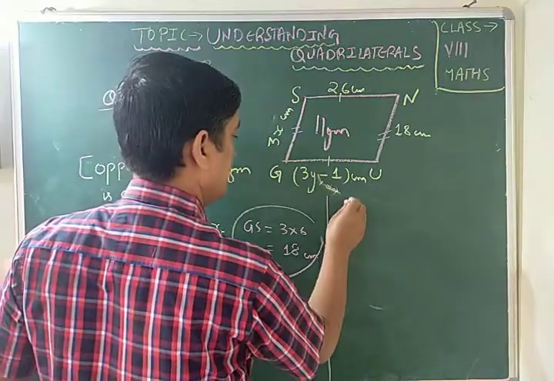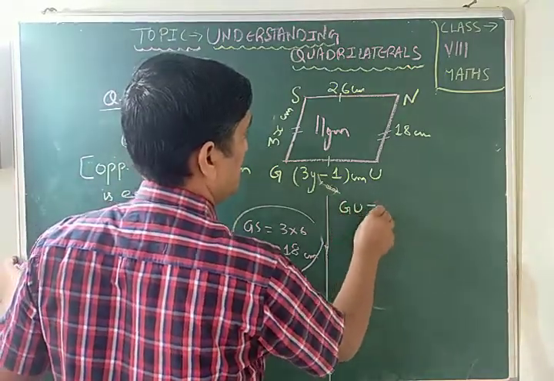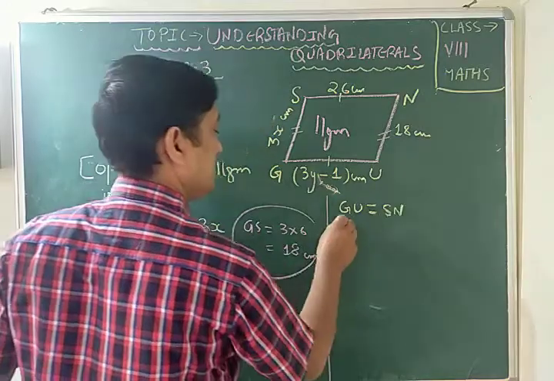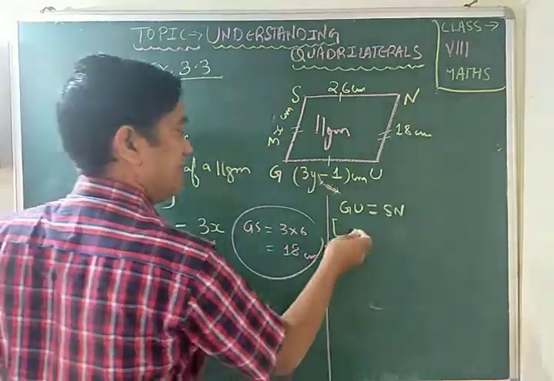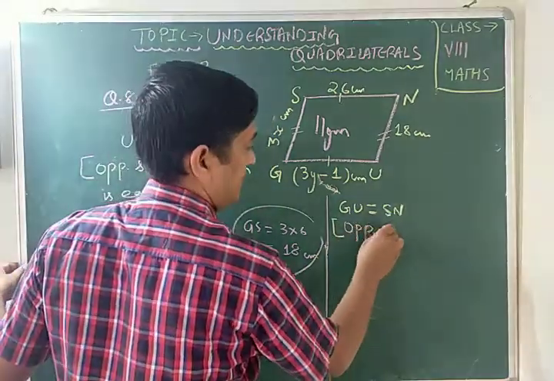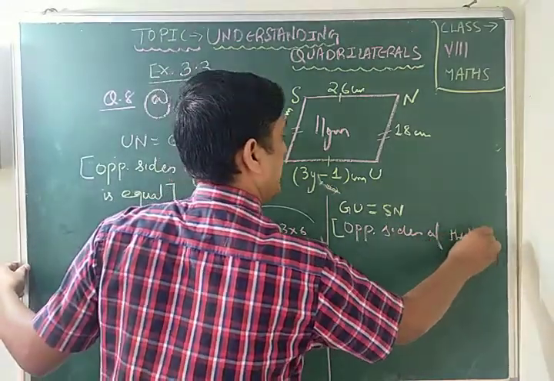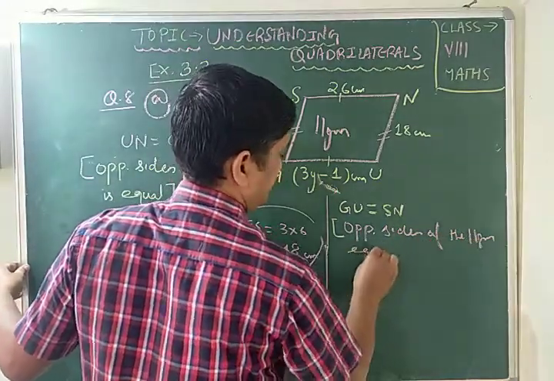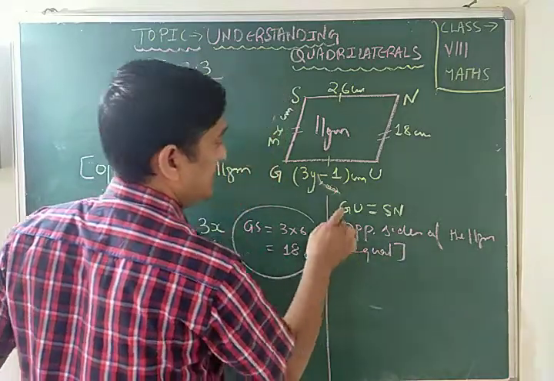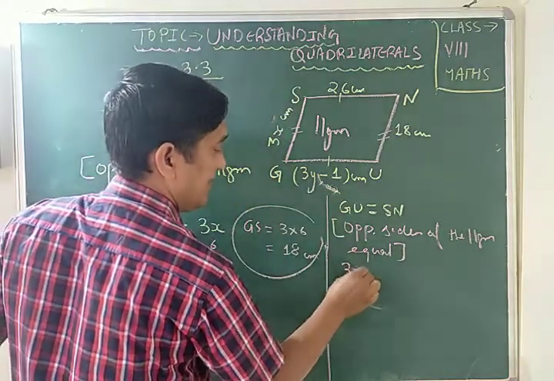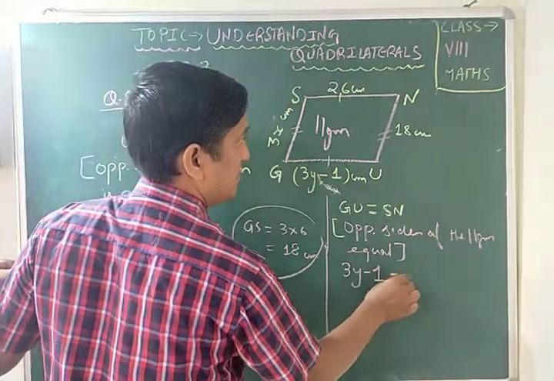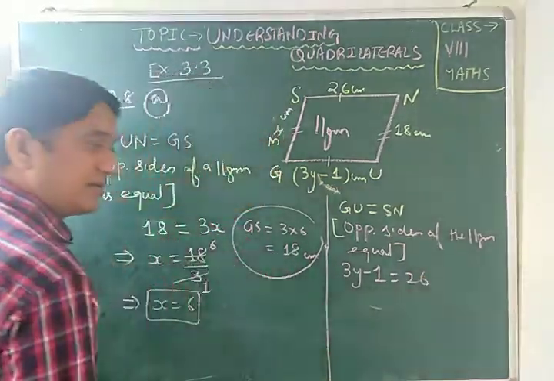Again we have to use this GU is equal to SN. Opposite sides of the parallelogram are equal. It means GU, that is 3y minus 1, is equal to 26.